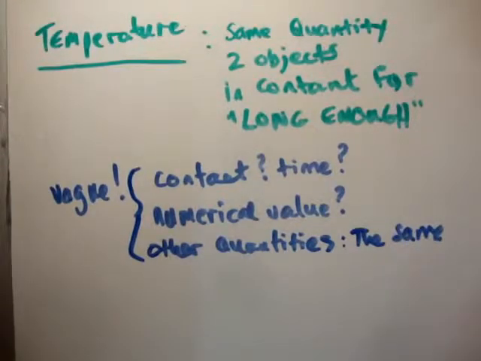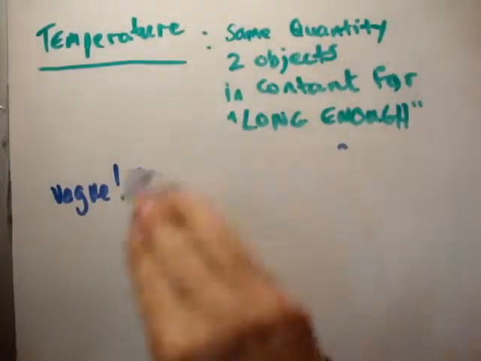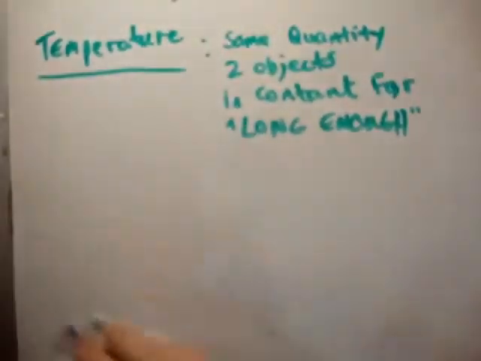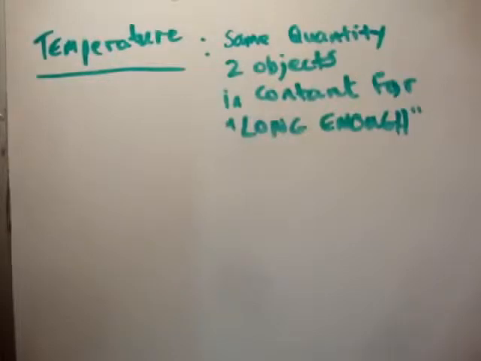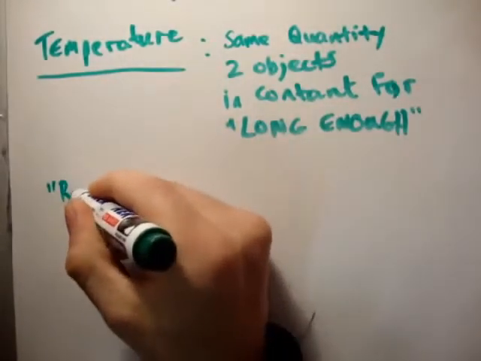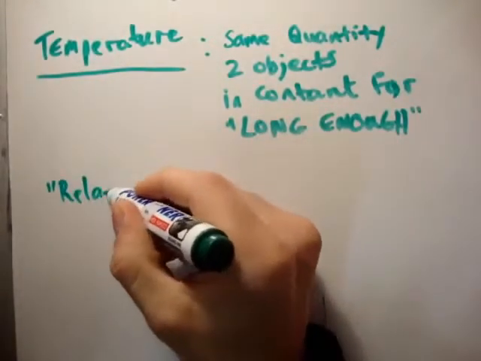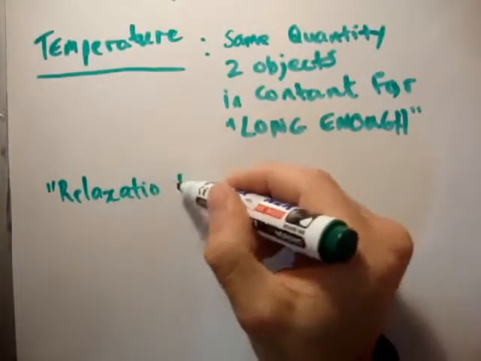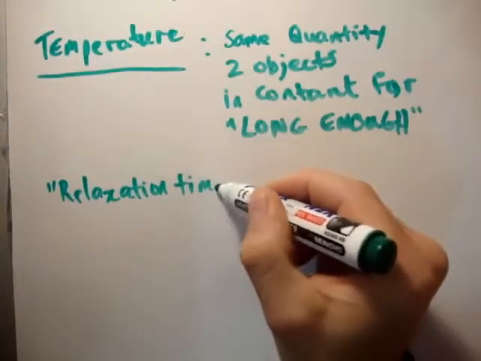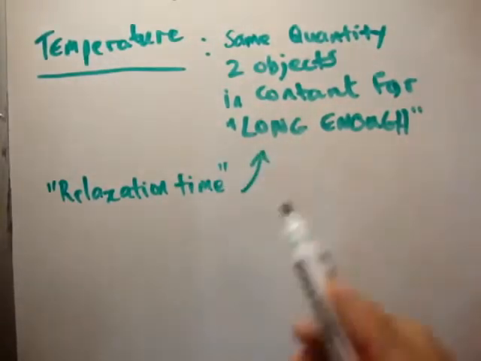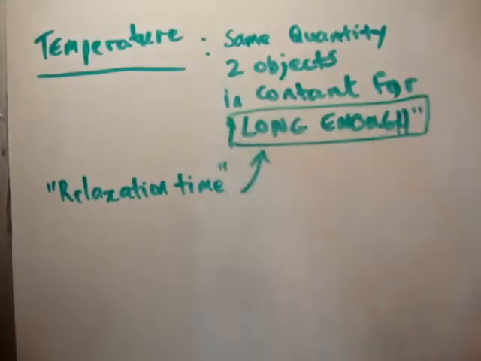I'm not going to go into much more detail this time because this is just a general description. However, when two objects are in contact for long enough, it takes the relaxation time. After the relaxation time, they would be at the same temperature. So long enough is the relaxation time.